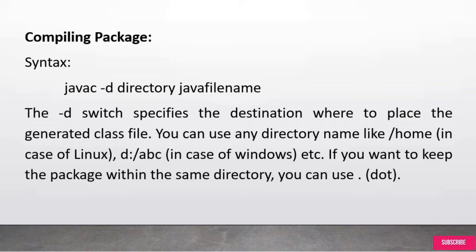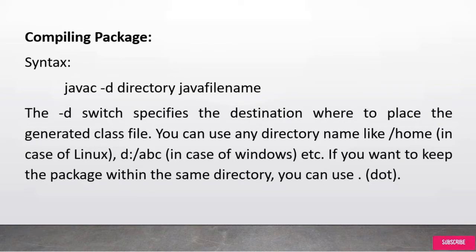After program compilation we will have a dot class file. If our program was successfully compiled, then it will generate a dot class file. That dot class file will be placed according to the user's choice, so a user can place it anywhere he decides.